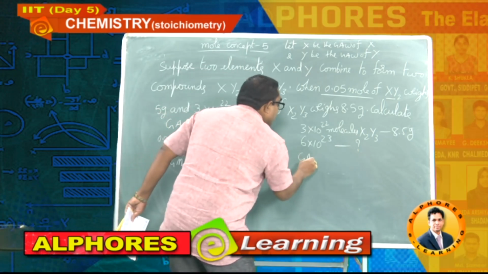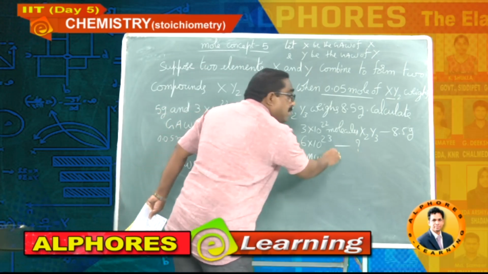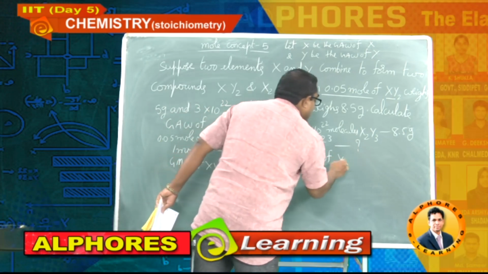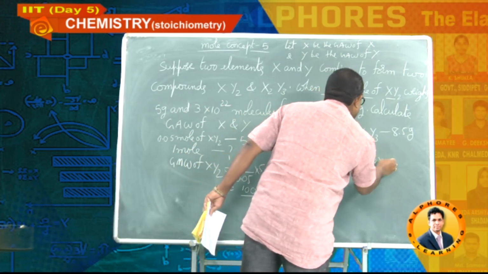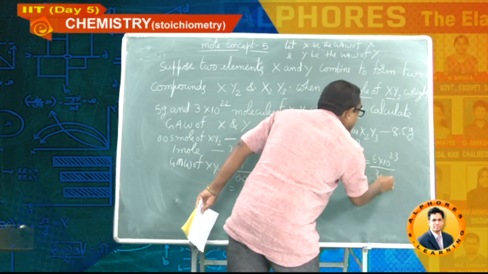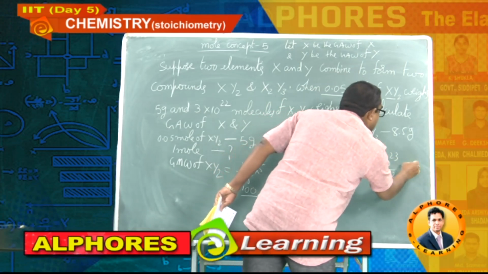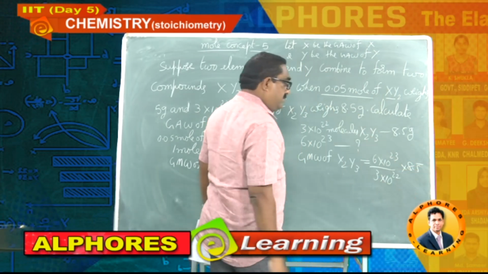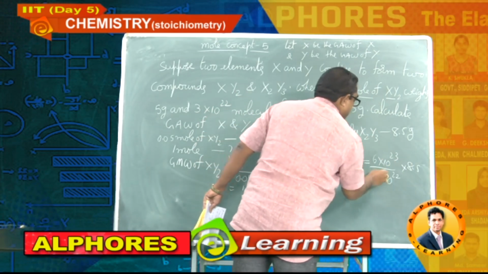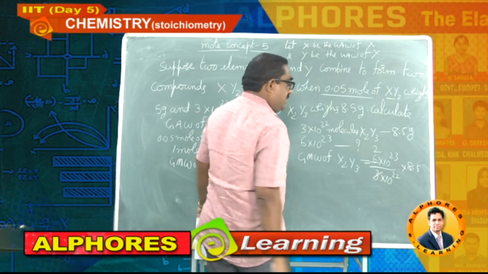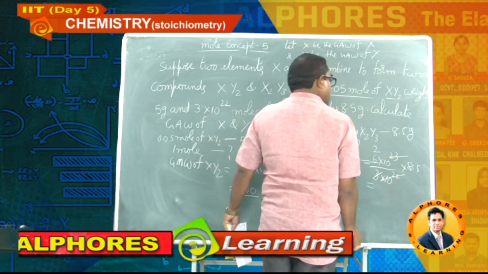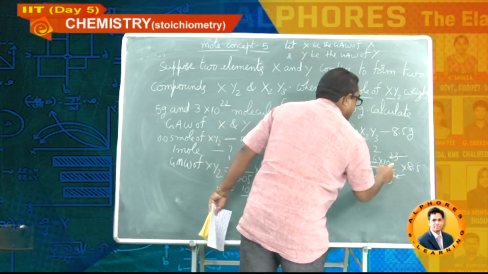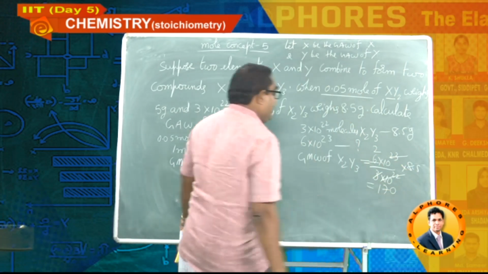So gram molecular weight of X2Y3 is equal to 6 into 10 power 23 by 3 into 10 power 22 into 8.5. 10 power 22 and 23 get cancelled. That is 2 into 8.5, 17 into 10, 170.